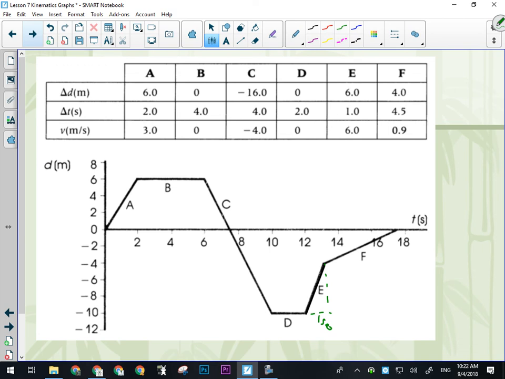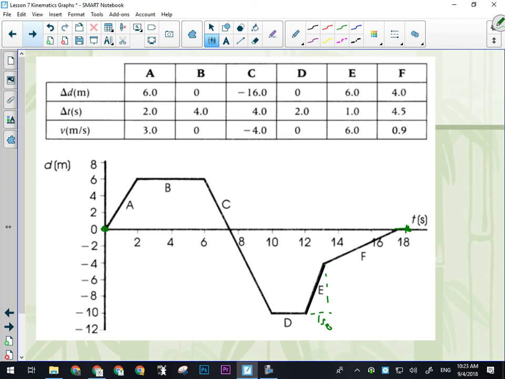Okay, I want you guys to calculate for me the total displacement of this object over the 17, let's say it takes 18 seconds. Let's say it goes all the way to 18, so this part here is flat. Okay, what's the total displacement of this object over the entire trip? 0. Initial position, 0.